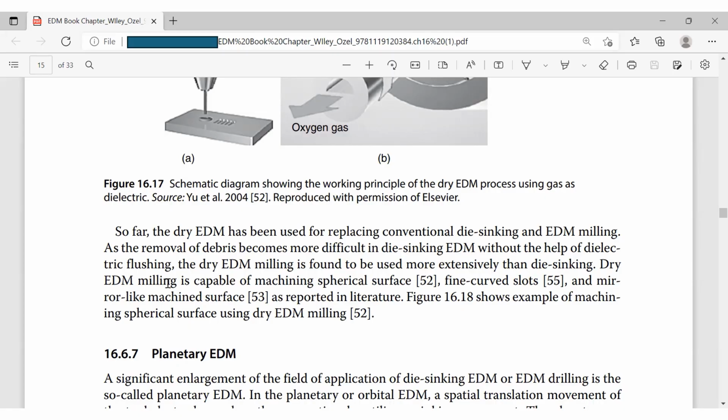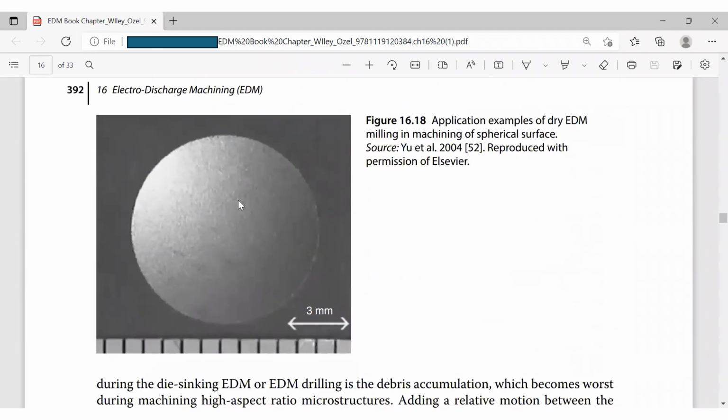Dry EDM, that means no dielectric fluid, is capable of machining spherical surfaces, fine curved slots, and micro and mirror-like machined surfaces, as reported in the literature. Figure 18 shows an example of machining a spherical surface using dry EDM. So this one.